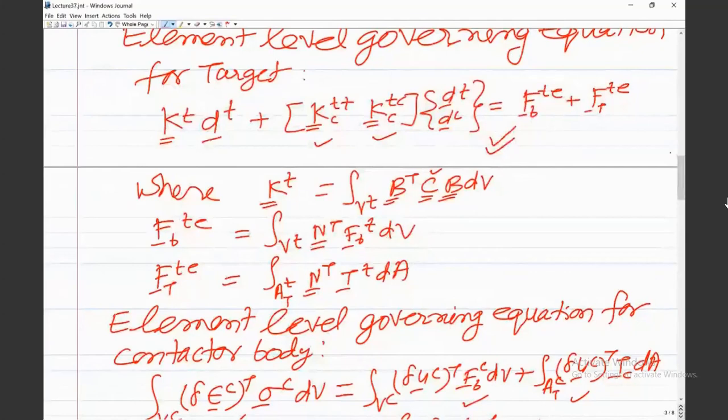To satisfy the contact constraints accurately, we need a large value of penalty parameter. But if we take a large value of penalty parameter at once, there are convergence issues. So usually what is done is we start with a smaller value of penalty parameter, solve the problem, and then increase the penalty parameter and solve the problem again.